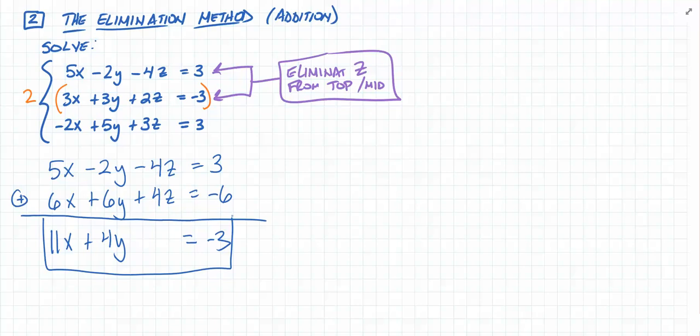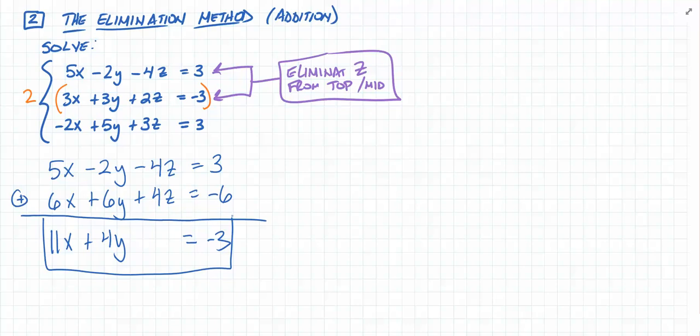Otherwise, if we chose to eliminate z again from the top and the middle, we'd end up right back where we started. And if we chose to eliminate a different variable, we wouldn't advance ourselves. We'd still be stuck with an equation that has 3 unknowns. So the deal is we choose the same variable and we eliminate it from 2 different equations.